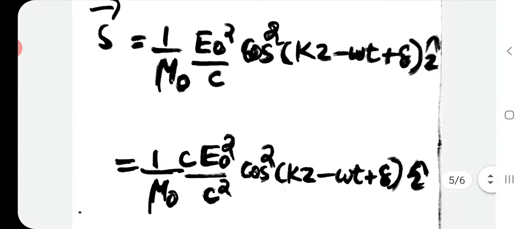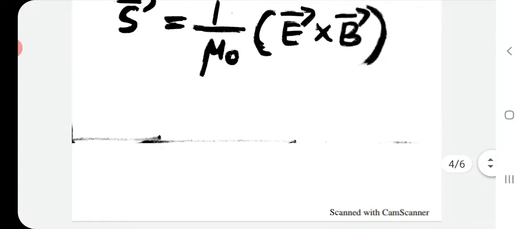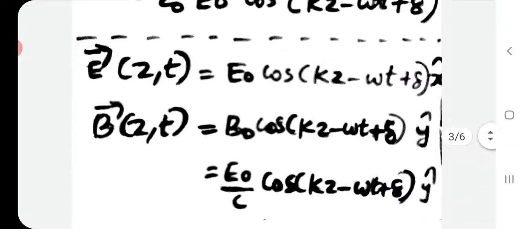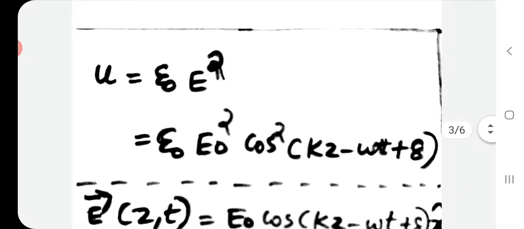Now I am introducing a c in both the numerator and denominator, so I have 1 by mu 0 c times E0 square by c square cos square(kz minus omega t plus delta) unit vector z. So this is the Poynting vector, and here we know u is equal to epsilon 0 E square.